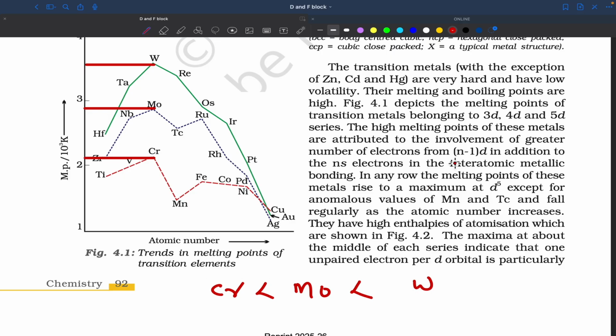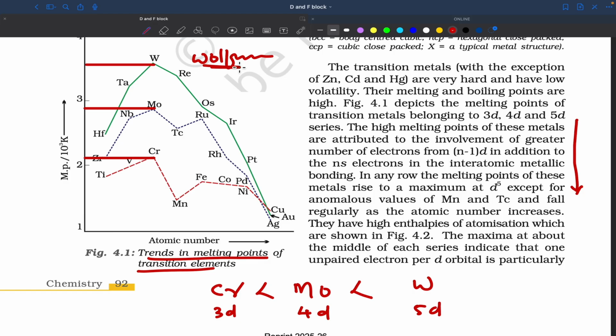So what is the meaning here? This is 3D series element, this is 4D series element, this is 5D series element. That means when we go down the group, density is increasing and so the melting points are also increasing. So out of these series, W, that is tungsten, wolfram, is the element with the highest melting point.